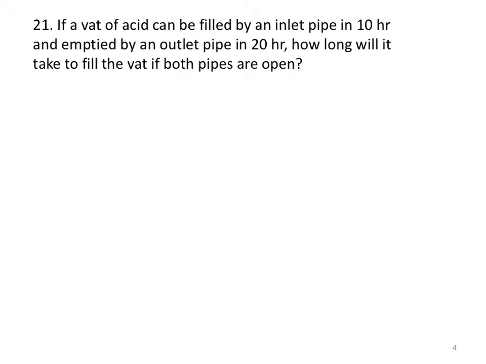A vat problem is like a work problem, only you have stuff coming in and stuff going out, and that means there's going to be a subtraction somewhere. So I always like to draw a picture.